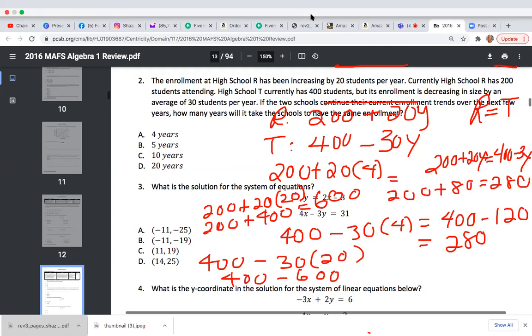And when you subtract them, look at what you get. Negative 200. How in the world is it going to be a negative, guys? It can't be a negative. So yes, guys, the answer for this one is A. Yep. All right.